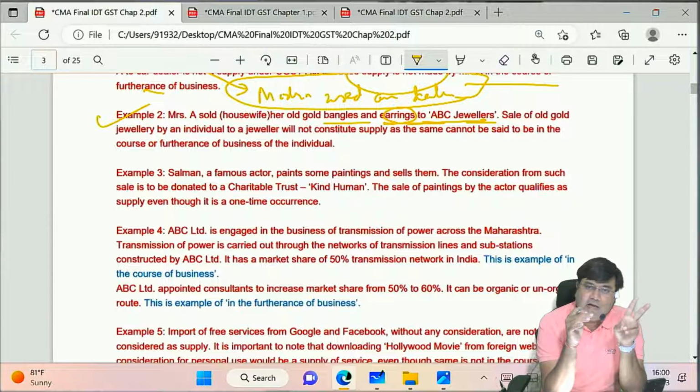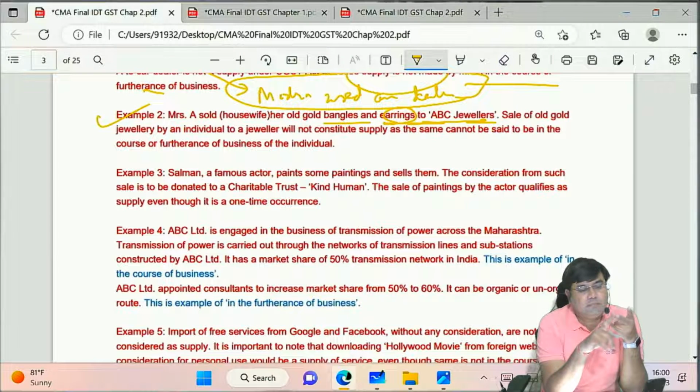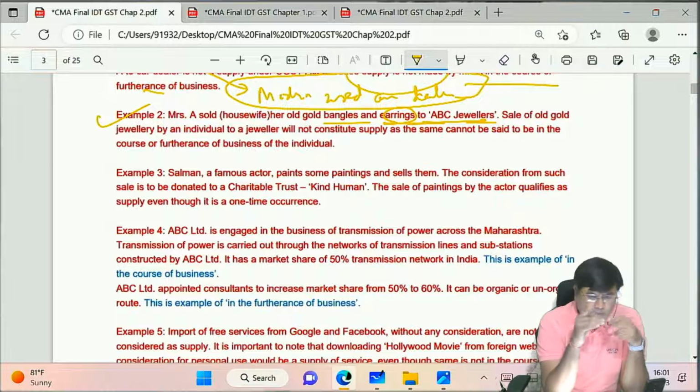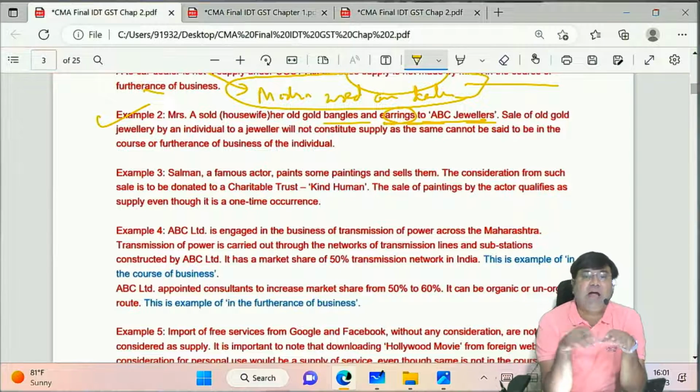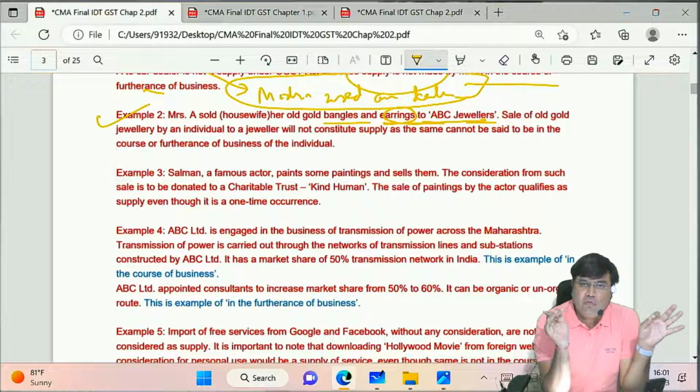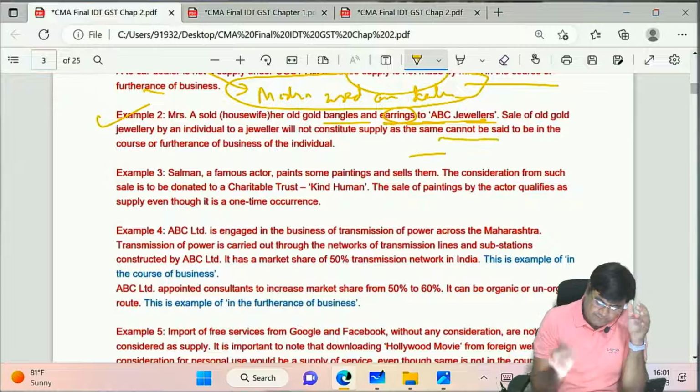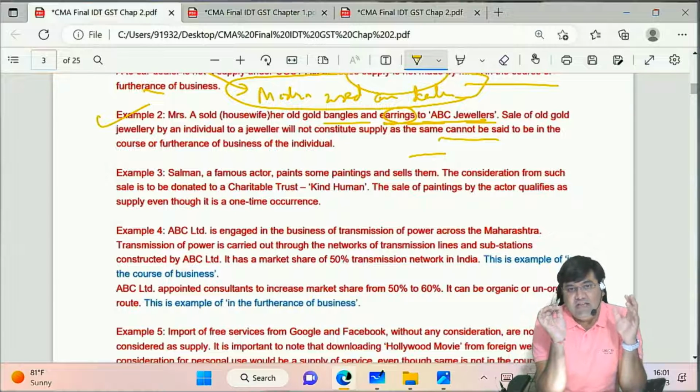Now we are going to see again two conditions. Consideration is there. Yes, it is there. Mrs. A is of course going to charge something from ABC Jewelers. But whether it is the business of Mrs. A, the answer is no. So the second condition is not satisfied. So that's why it is not going to be a supply, not subject to GST.